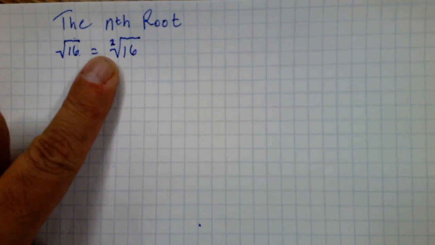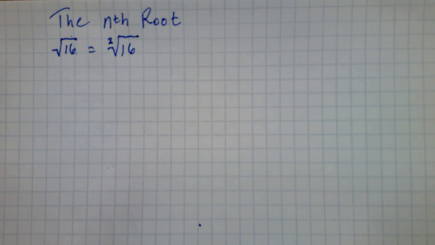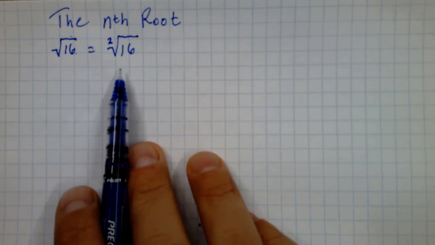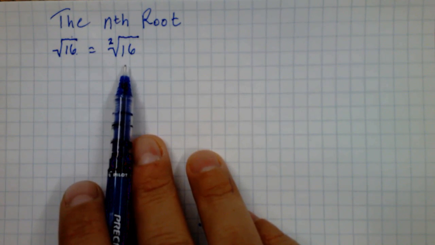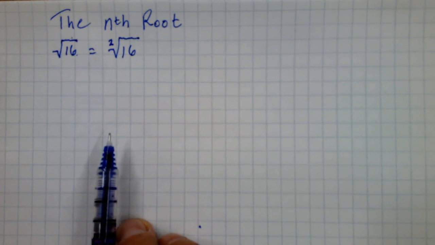We typically don't put the 2 there though, right? But that helps us understand what it is. And I think we'll just use the principal square root, which is the positive answer. So the square root of 16 is 4, right? Because 4 times 4 is 16, or 4 squared is 16.